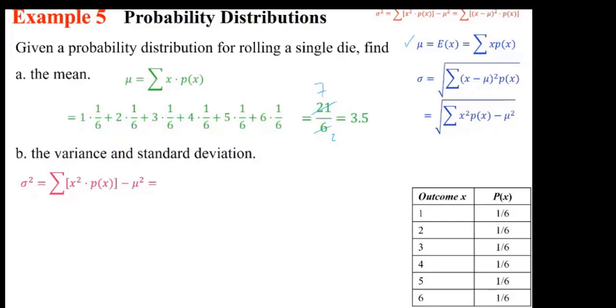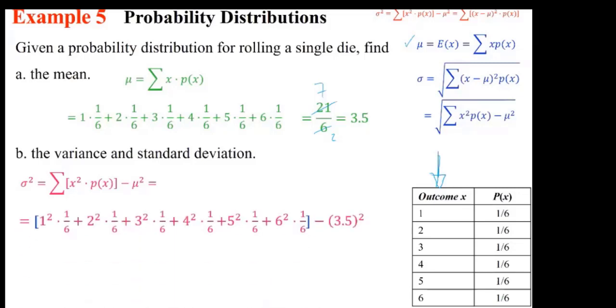X squared, that means if you look at the very first column, 1 squared becomes 1, 2 squared becomes 4, 3 squared is 9, 4 squared, and so on and so forth. You multiply it by p of x, and then you subtract the number that you found in part A squared, which is the mean squared, which is minus mu squared. This is what the formula does for us.